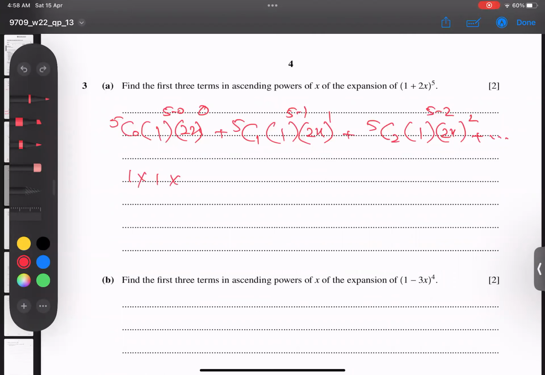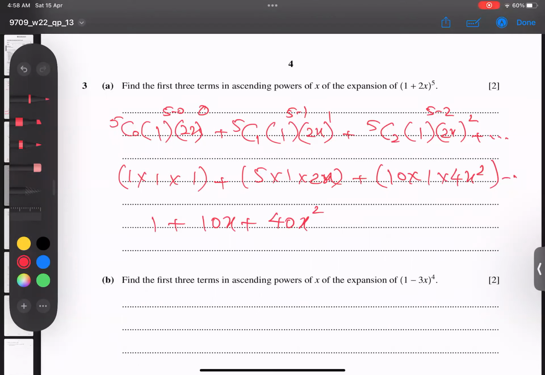Something to power 0 is also 1. 5C1 is 5, 1 to power anything is 1, into 2x. 5C2 is 10, into 1, into 4x to power 2. Make sure the square of 2 is separate, the square of x is separate. Some students in a hurry make a mistake. So I hope this is clear. So 40x to power 2. Alhamdulillah. I hope this part is very, very clear.